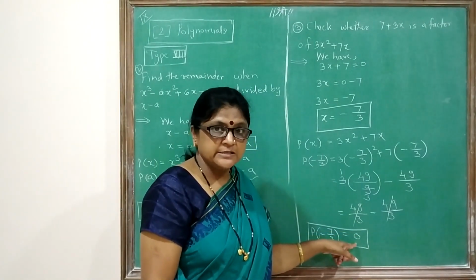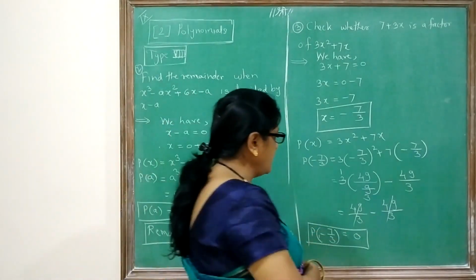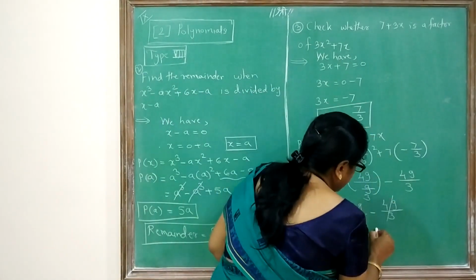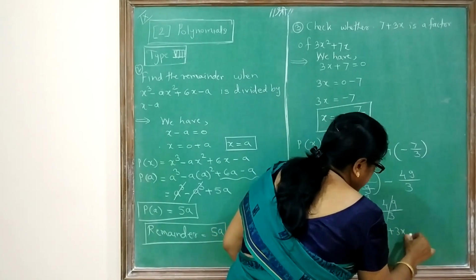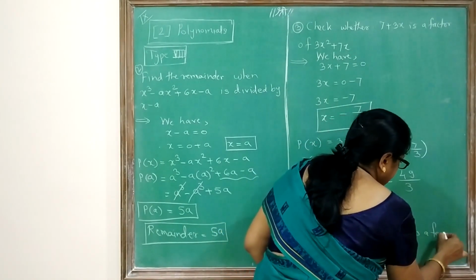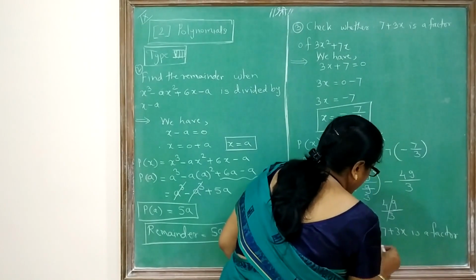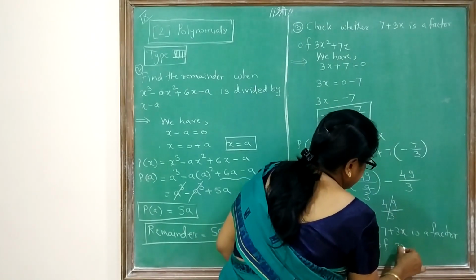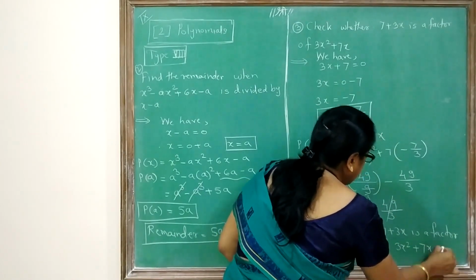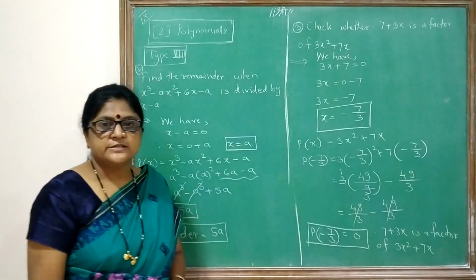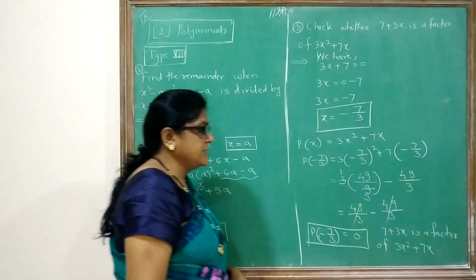But here the remainder is 0, so it is a factor of p of x. Means 7 plus 3x is a factor of 3x square plus 7x, because its remainder is 0. Then see the next type.